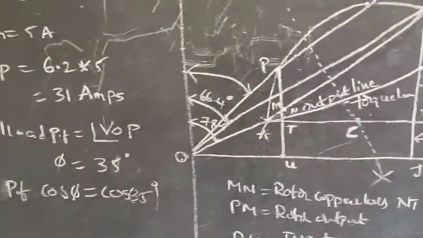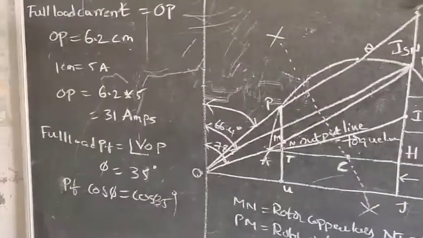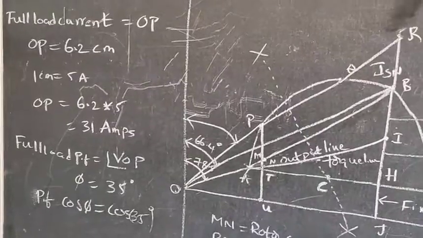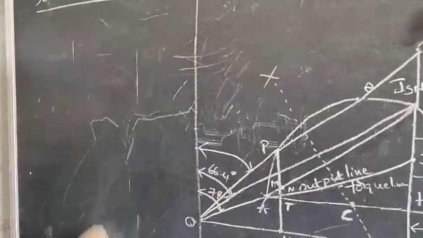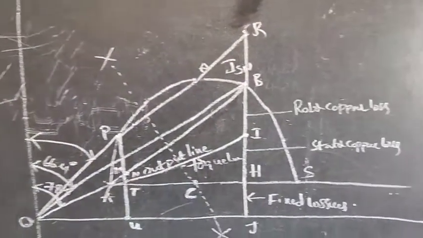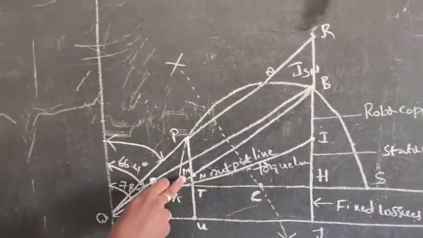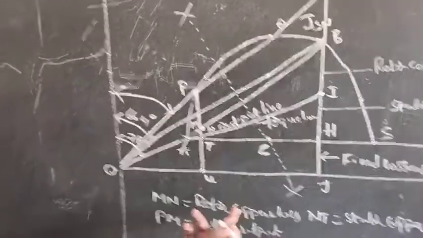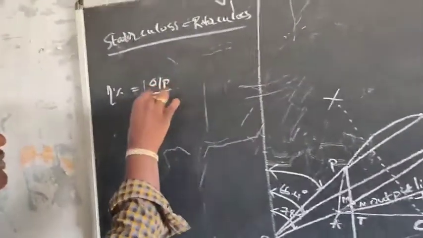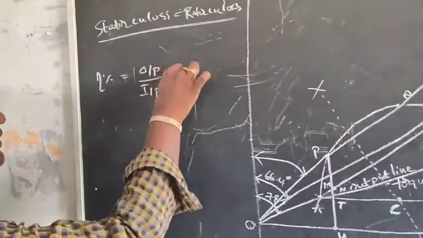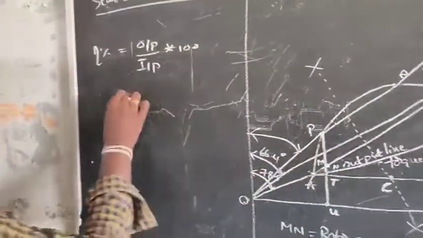Next, what are they asking? Efficiency. PM is the output, PU is the input. Output by input is efficiency. So full load efficiency equals output by input into 100, where output is PM.